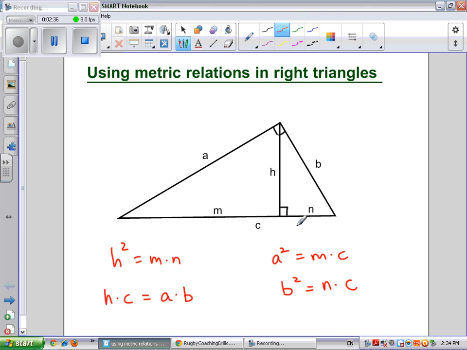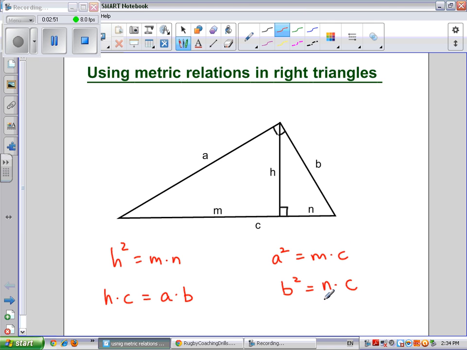If you can think of these as one relationship, described in two different ways, that might help you remember it and understand it, regardless of what letters are placed there.